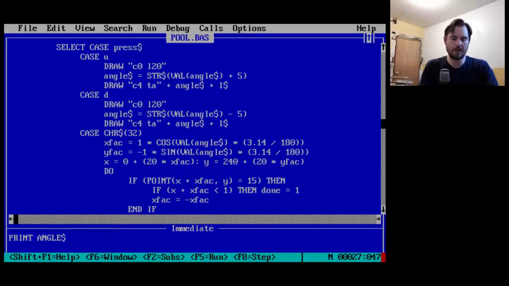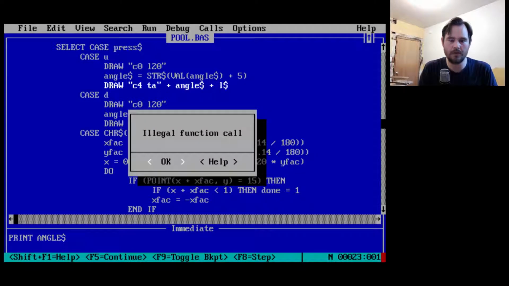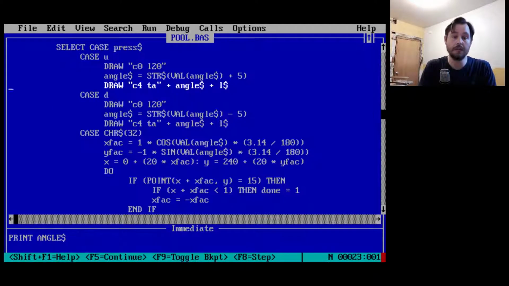Down does the same thing, except we subtract 5. So I wonder if I can actually... Oh, right. Okay, so here's the thing. We've realized that DOSBox likes to take actual integer values like 4, 5, 6 and turn them into 3.9999999 and all that kind of funky stuff. You can't actually have decimal numbers in a draw statement.